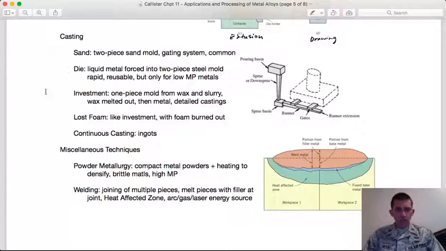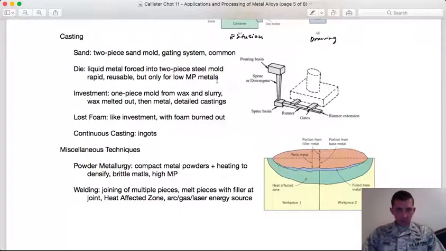And so if you ever have a metal part that has a seam on it, that's probably sand casted because the seam is where the two pieces of the mold meet together. You also, within the mold, typically have a gating system, which is just the ability to get the metal into various parts of the mold rapidly enough before it starts to solidify.